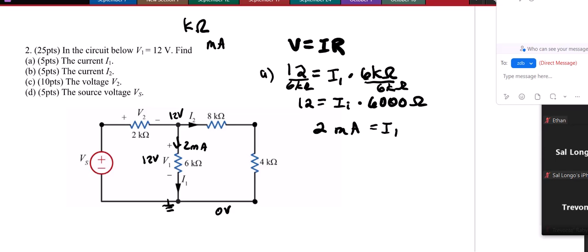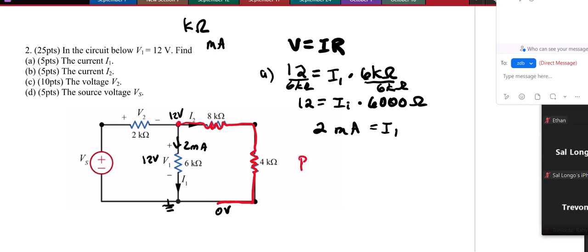There are different ways I could go about doing this. I know that if I follow this path right here, I have a drop of 12 volts because there's 12 volts up here and 0 volts down here.